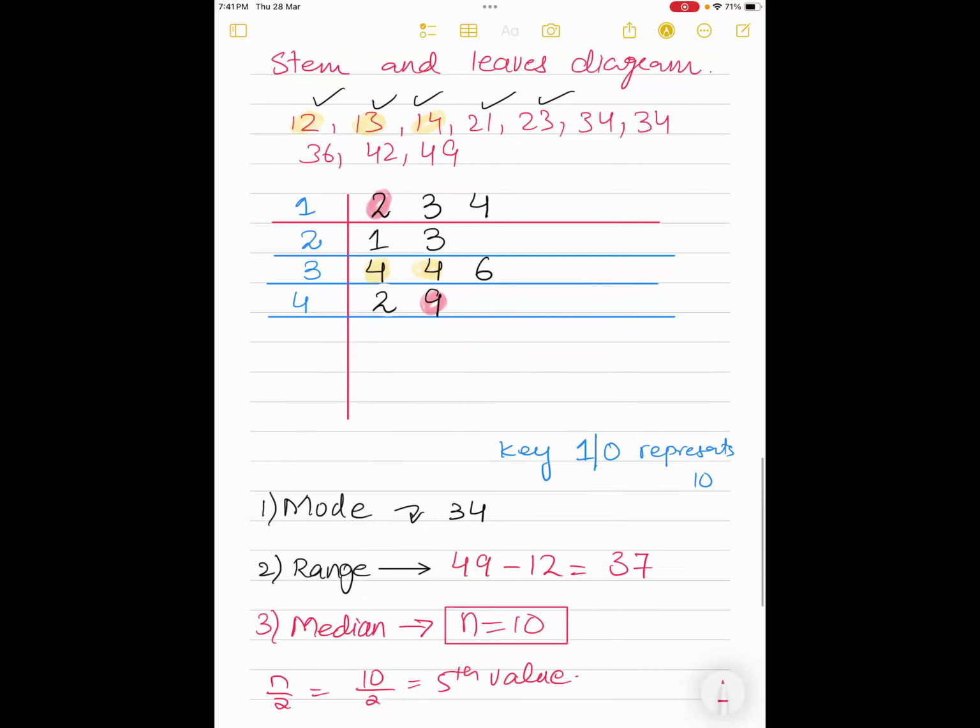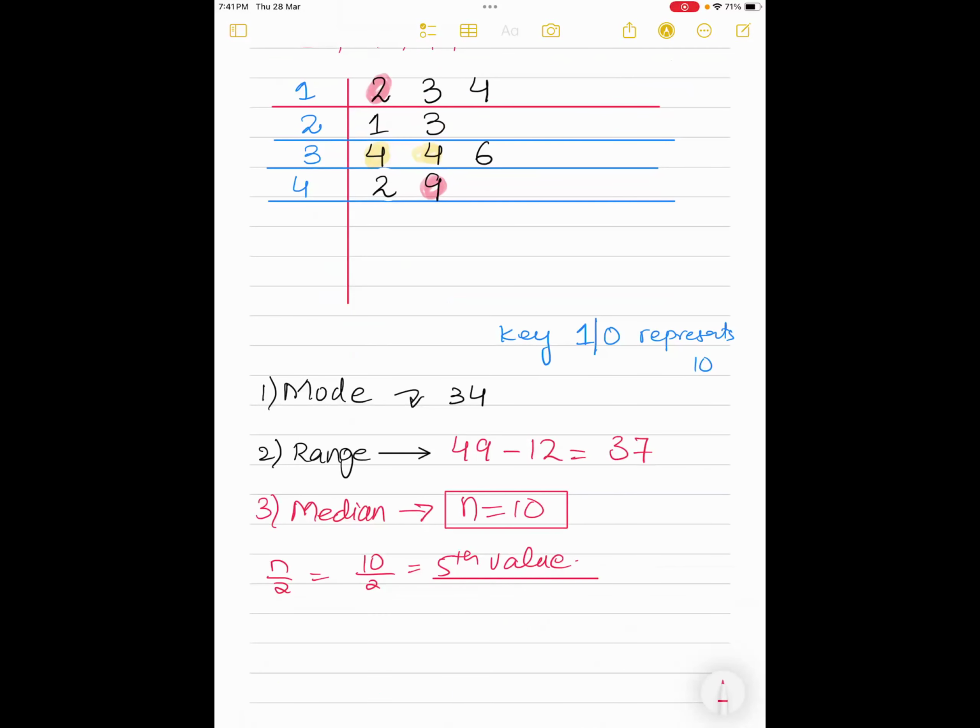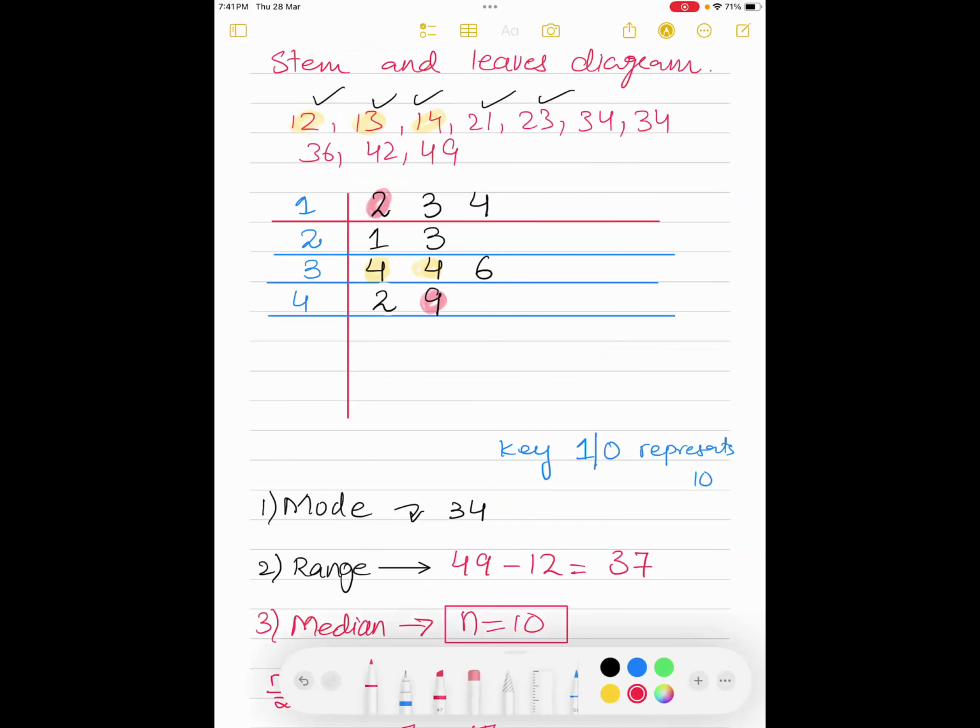Beta, for even values, whenever you get the fifth value, just write fifth plus sixth divided by 2. Why? Because we get two fifth values in this data. If I start from the top, 1, 2, 3, 4, 5, the fifth value is this one. If I start from the bottom, I will get this one as my fifth value. So that is the reason, right?